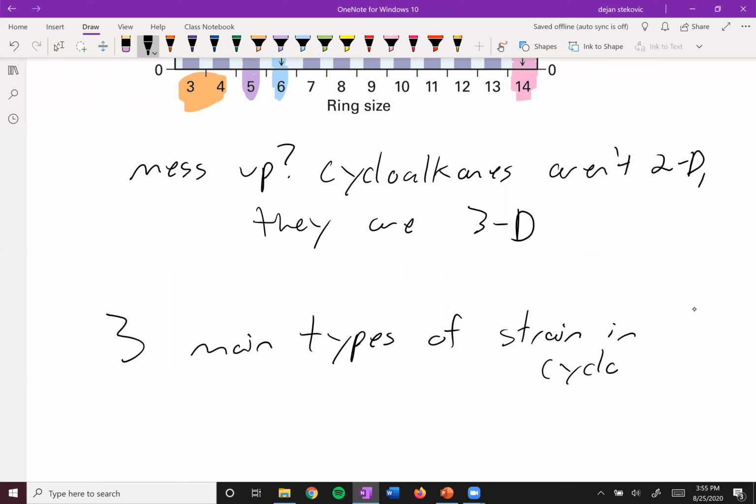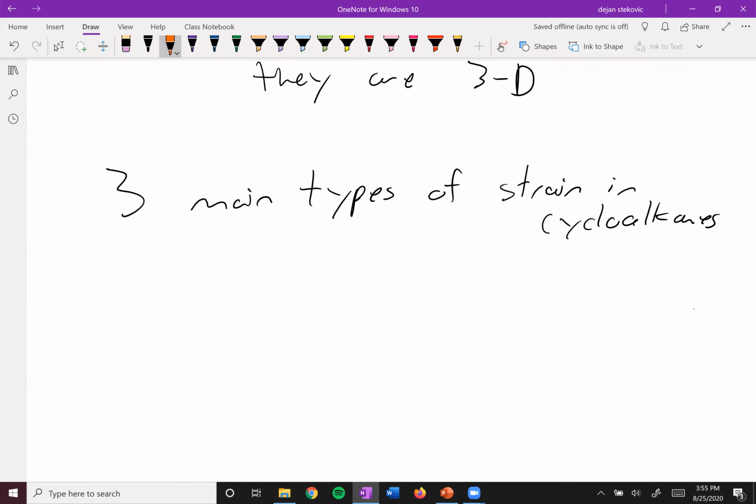And so there's going to be 3 main types of strain in cycloalkanes, right? The first one's going to be the one we just learned about, angle strain, and that's the strain from changing the angles.